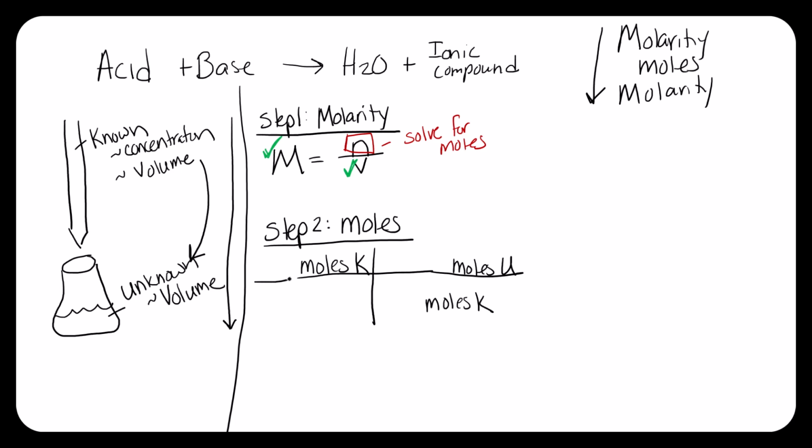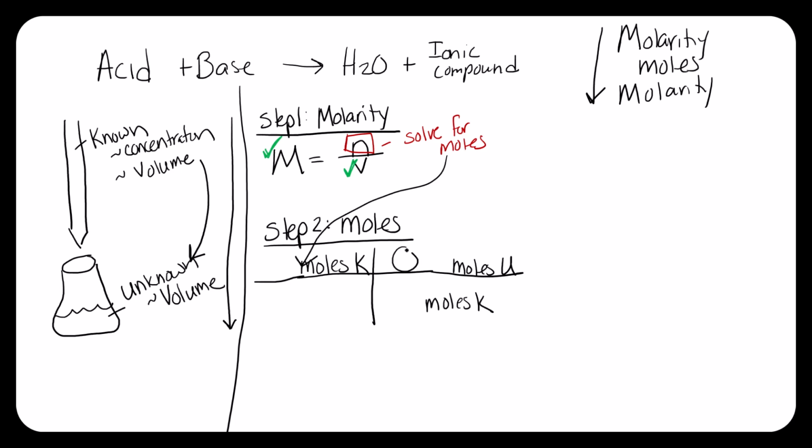So where do we get the values to calculate? Well, this moles of known is going to come from the first step. So we put that value here in our train track. Over here is that mole to mole ratio that we've been doing in the stoichiometry chapter.